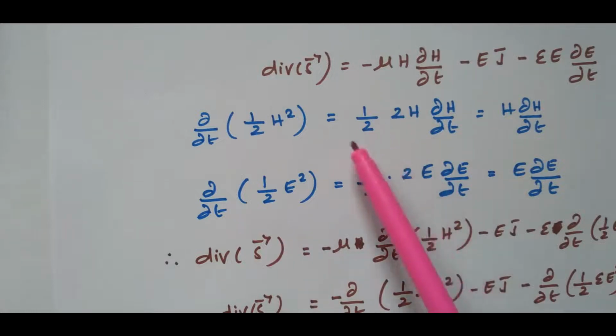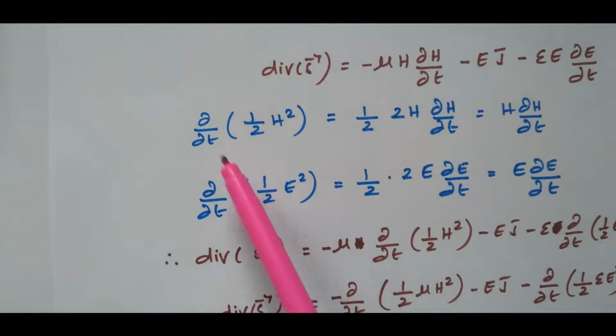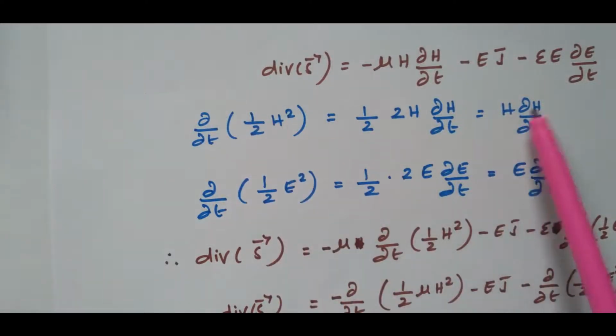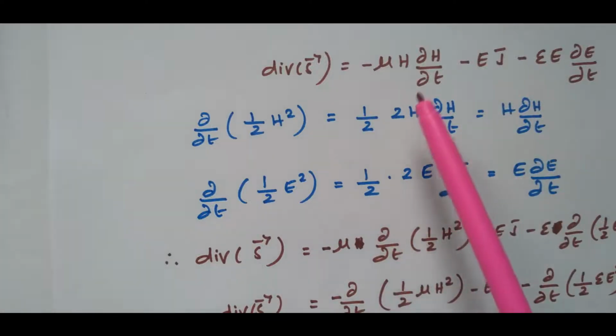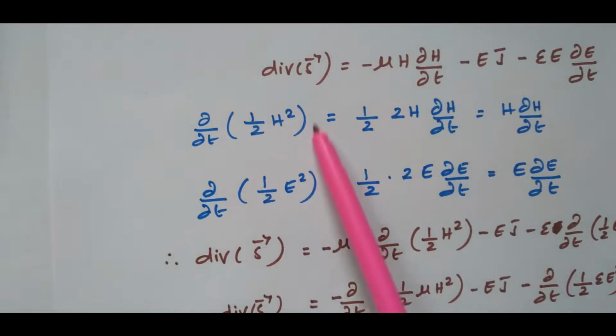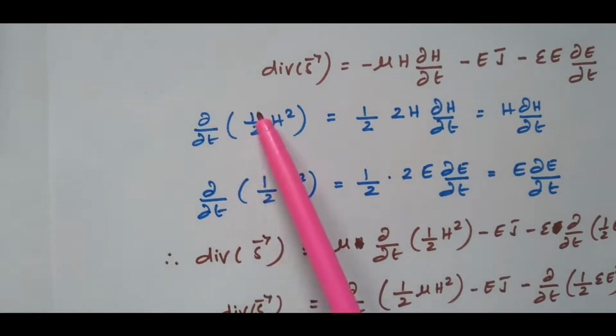These 2 got cancelled, H dou H by dou t. Right? So dou by dou t of half H square is equal to H dou H by dou t. See this term available, H dou H by dou t. This term can be replaced by dou by dou t of half H square.